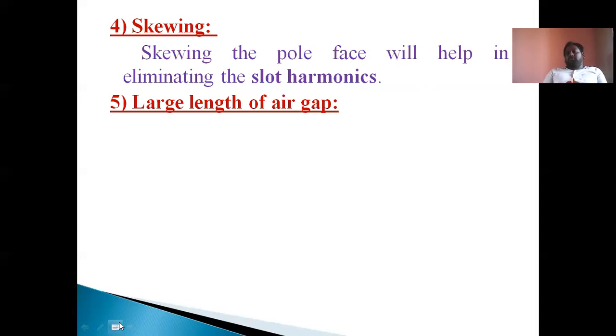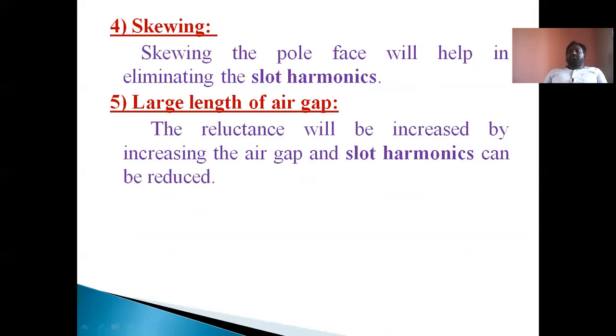Then the air gap will be created more between rotor and stator. Air gap is created more means here between the coils the air gap is more, then harmonics are easily discharged to the gap. The reluctance will be increased by increasing the air gap, and slot harmonics can be reduced.